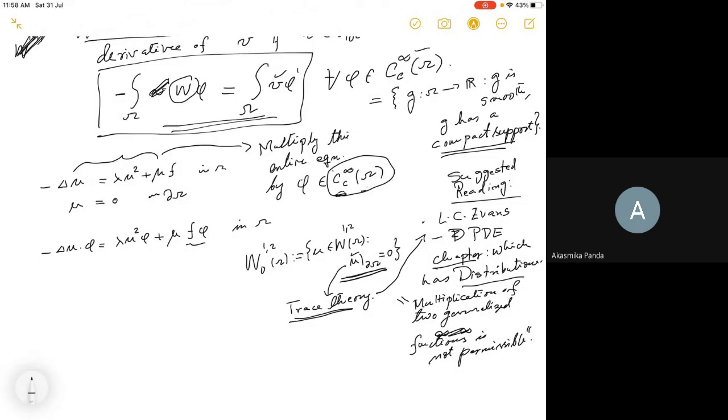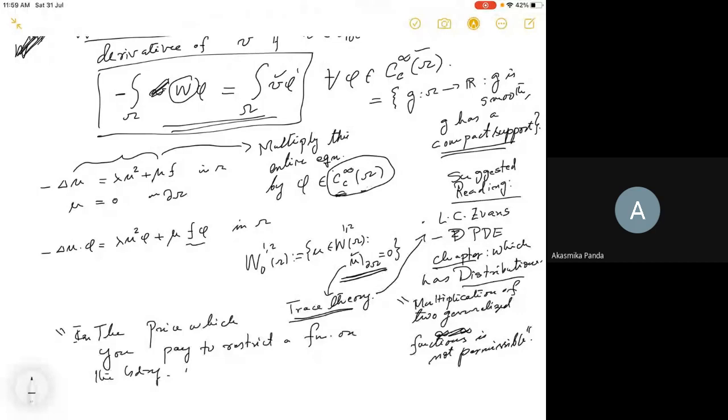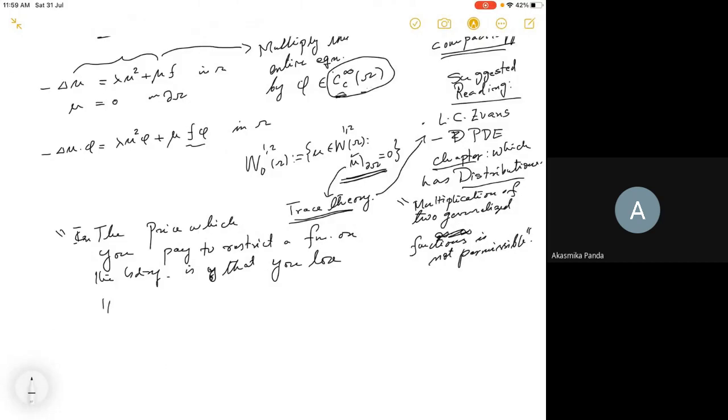So the price you pay to restrict a function to the boundary is that you lose half a derivative. This entire thing you can see in what is called the trace theorem.